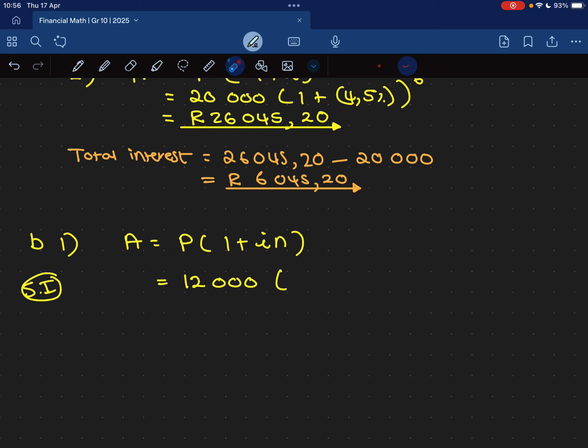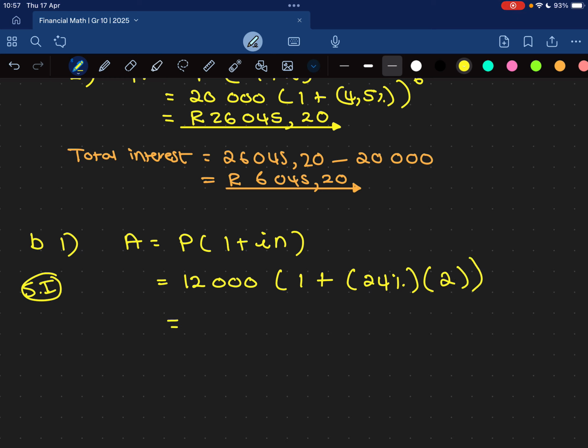If you get confused, just ask yourself, the A value is what I'm going to get after a few years, and the P value is what I have today. That's the amount that she has today. So the amount that she loans today is 12,000, times 1 plus the interest rate, which they said was 24%, and the n value is 2, because she wanted to pay it back in 2 years.